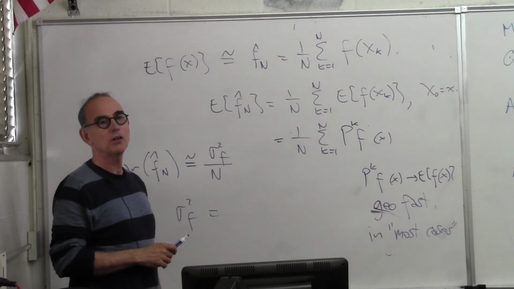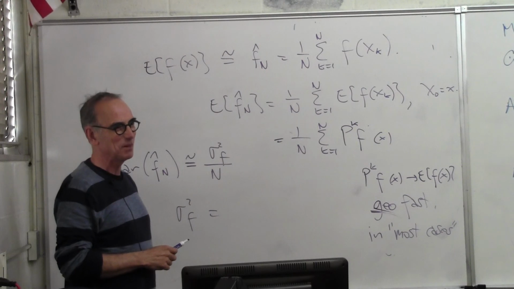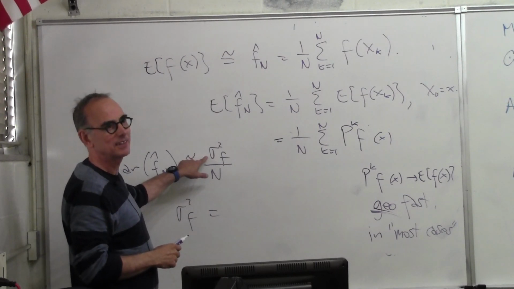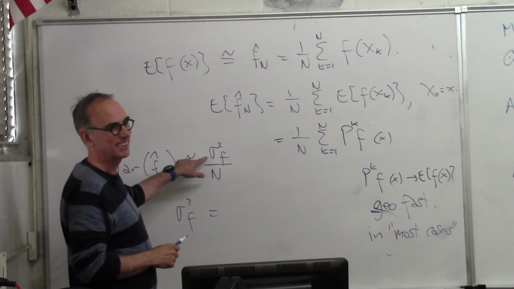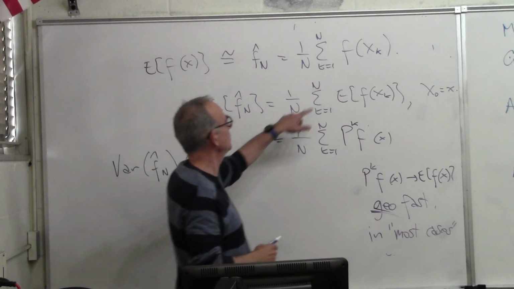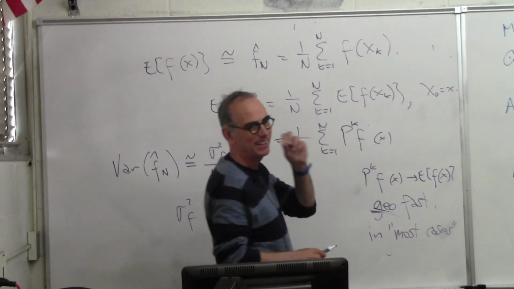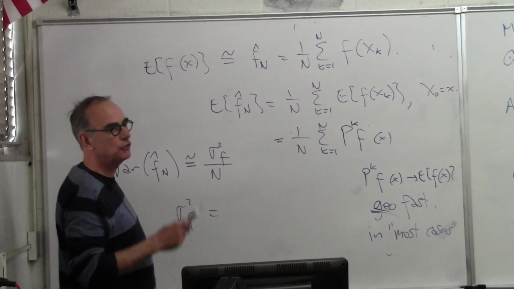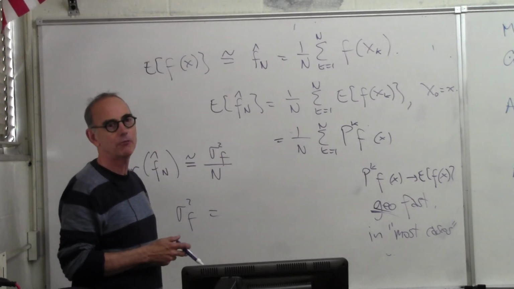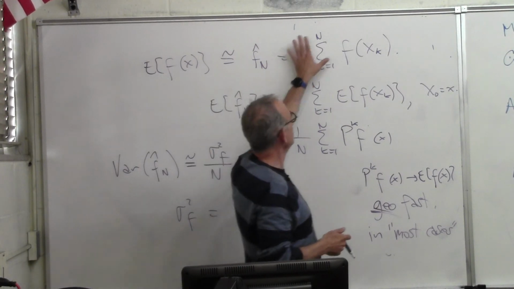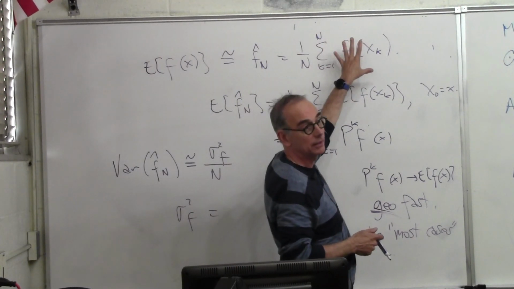And that is a question for another lecture. But does anybody think that that's the variance of f of X_k? I want you to think about this over the next 48 hours. We're talking about taking this monster and squaring it.